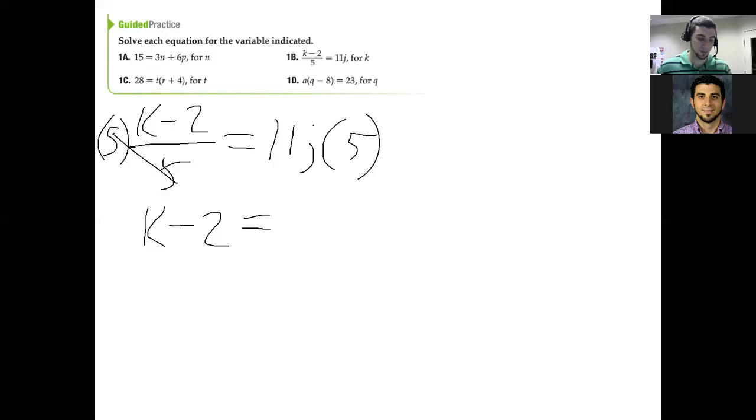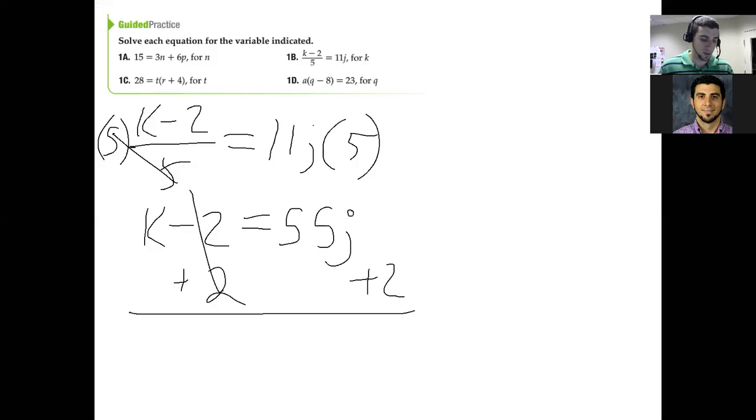So I could put the 5 and the 11 together and get 55j, and then add 2. And you have k equals 55j plus 2. Remember, you can't put the 55 and the 2 together because they're not like terms. The 55 has the variable j with it.